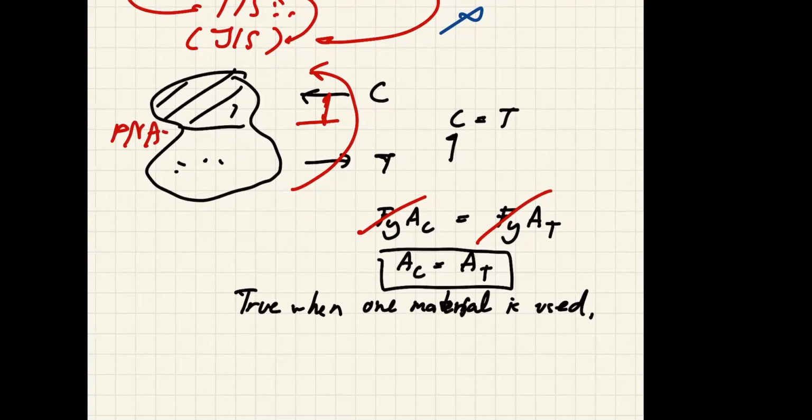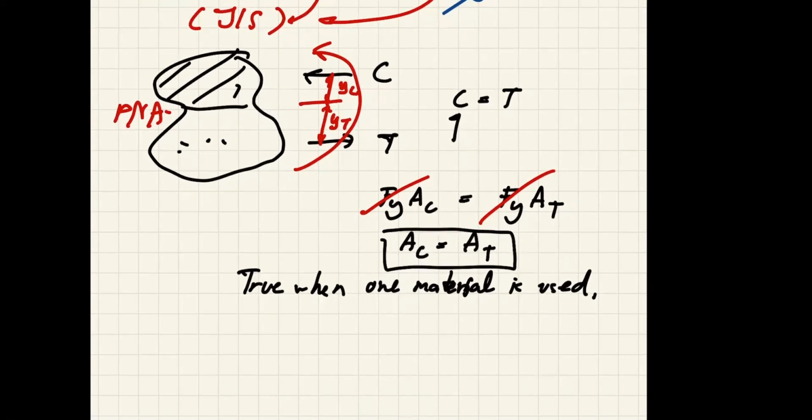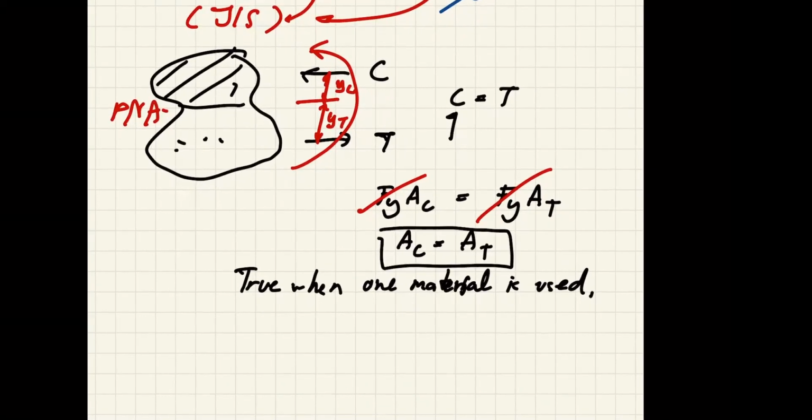I can call this distance yc, and this distance yt. So my internal moment will become Fy times area compression multiplied by yc plus Fy multiplied by area under tension multiplied by yt. This has to be equal to the external moment.